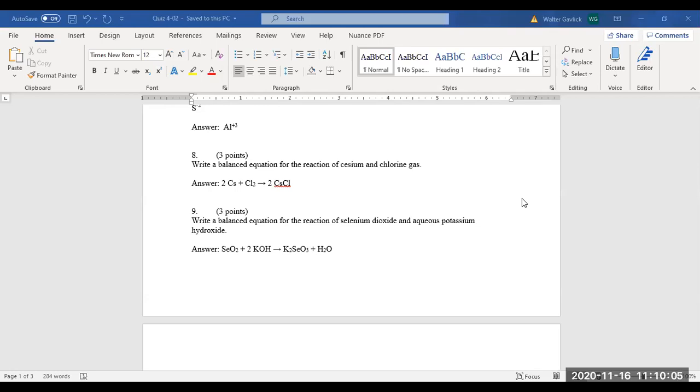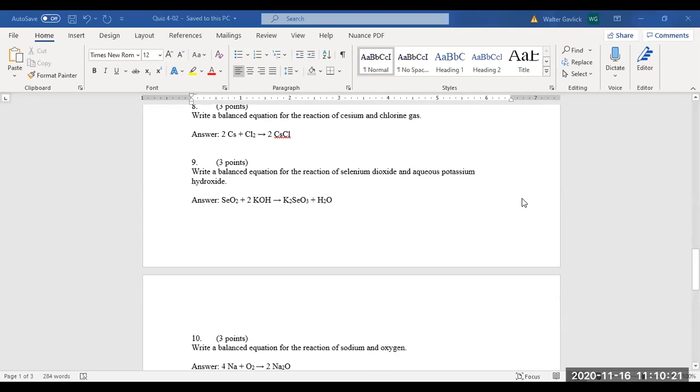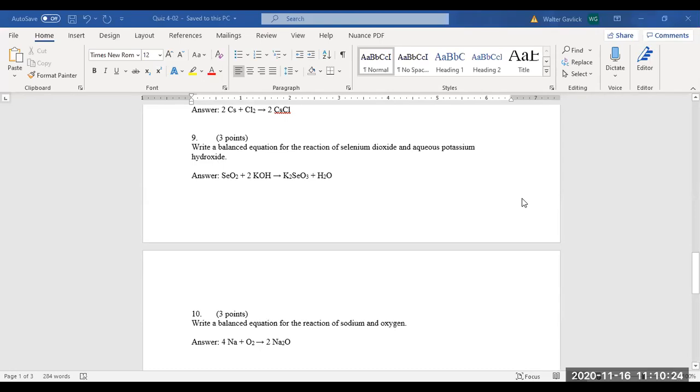So the first one, the reaction of cesium and chlorine gas, is 2 Cs plus Cl2 going to 2 CsCl. Number 9, the reaction of selenium dioxide and aqueous potassium hydroxide.